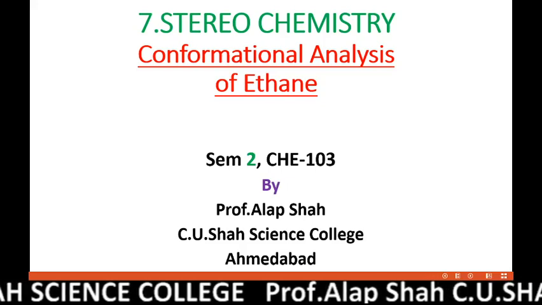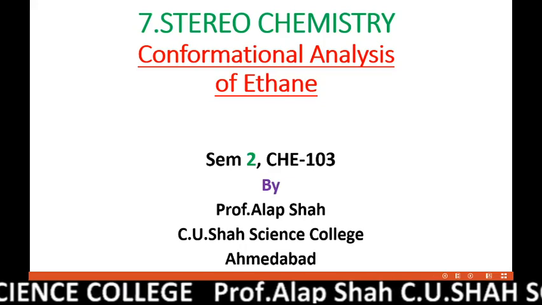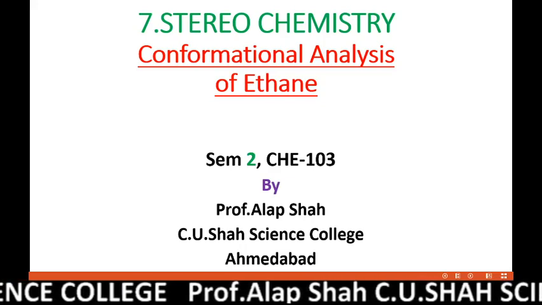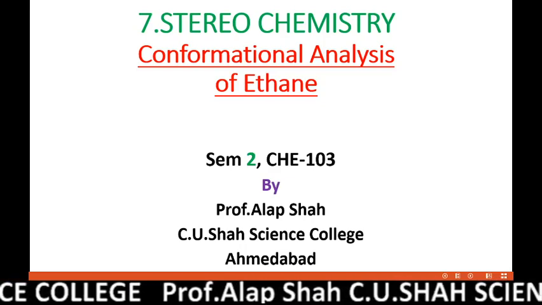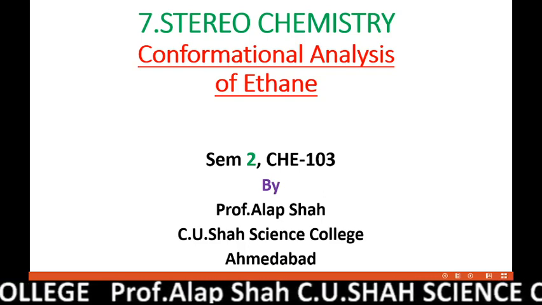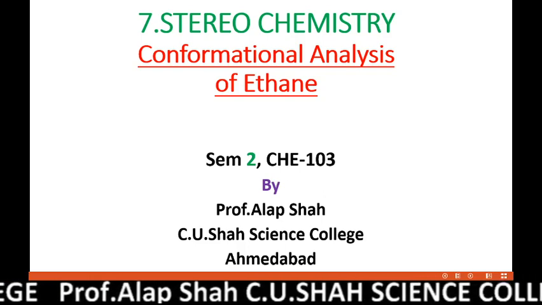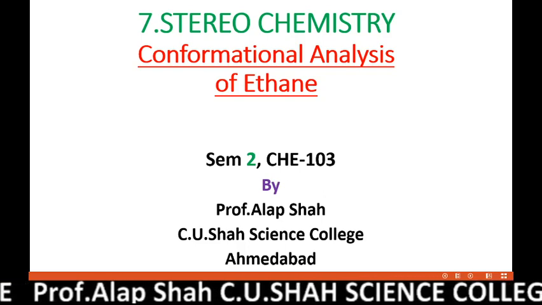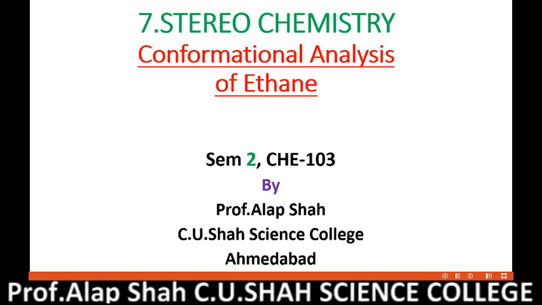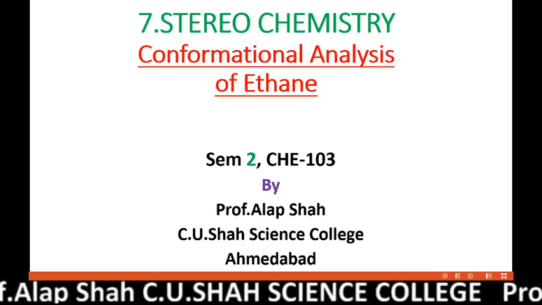Dear students, in the previous video we started the discussion about conformations and conformational analysis. We made clear that different conformers have specific amounts of energy associated with them, and that's why energy and stability are inversely proportional to each other.